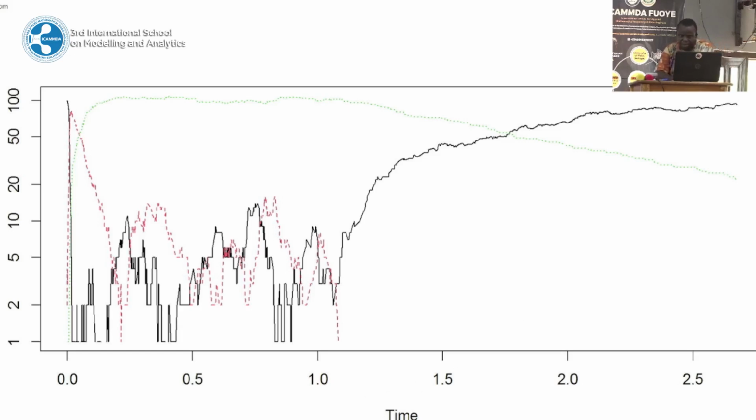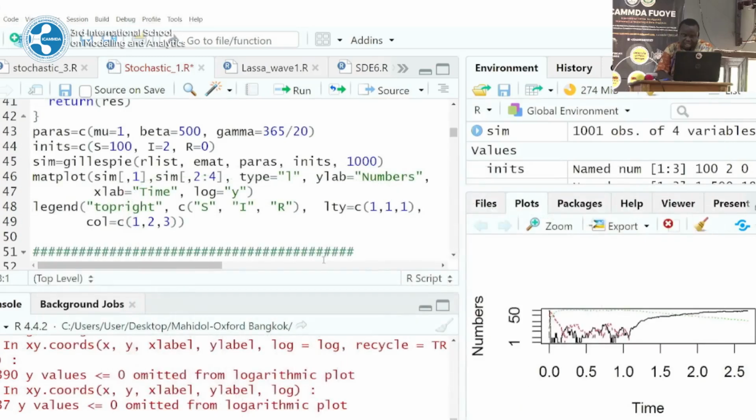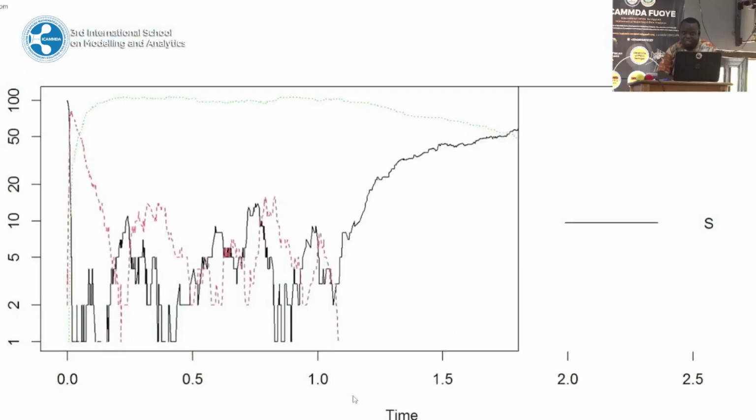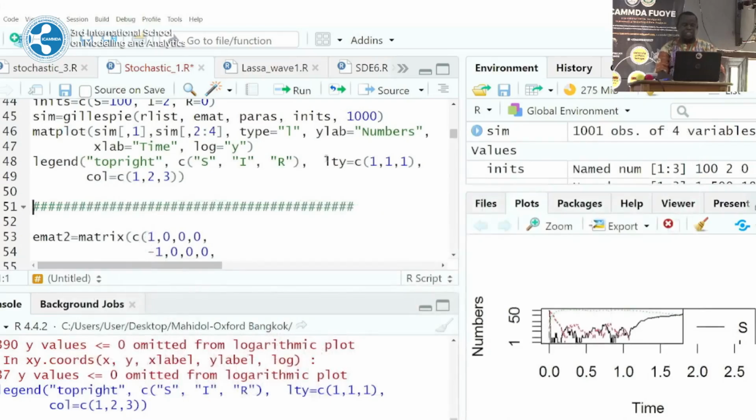Now, I needed to put the legend. So you can decide to put the legend top right, top left, depending on where you want it. The legend is too wide for me, so I'm going to use something to reduce it.